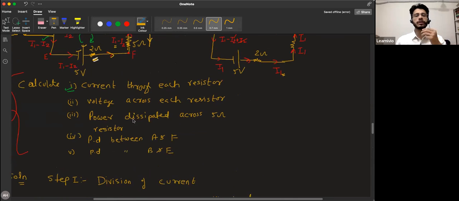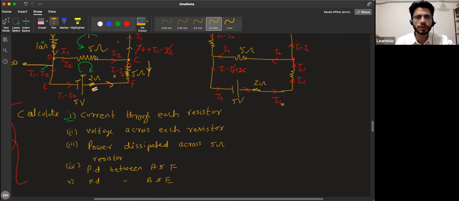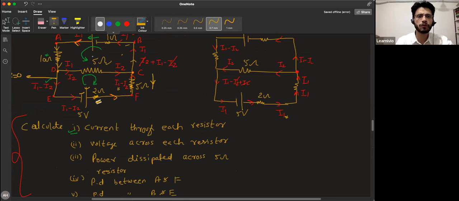Next, we need the power dissipated across this 5 ohm resistor. How to calculate power across it, Minashi? How do you calculate power across this 5 ohm resistor? What expression will you use for power?